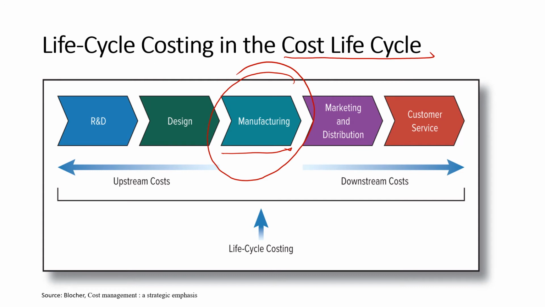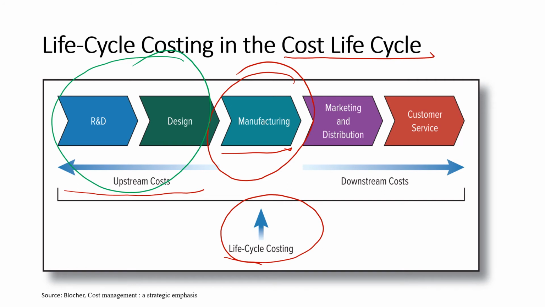Whereas in case of life cycle costing, this is the main difference between your traditional system and what we are doing in life cycle costing. We are including all cost. And when I say all cost, any expenses you have incurred on research and development, design, particularly for pharmaceutical companies, electronic companies, or the companies which are highly into IT and digital services, the research and development cost is one of the important costs which need to be considered.